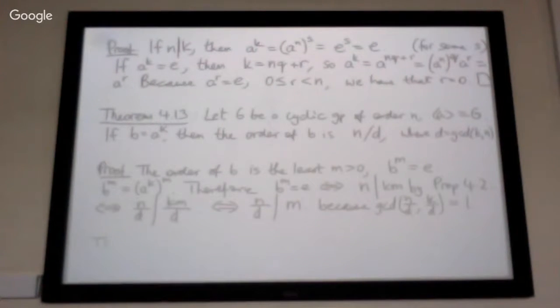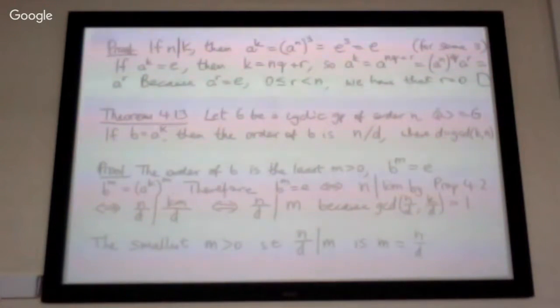Now the smallest m greater than 0 which satisfies this, which is a multiple of n over d, is m equal to n over d.